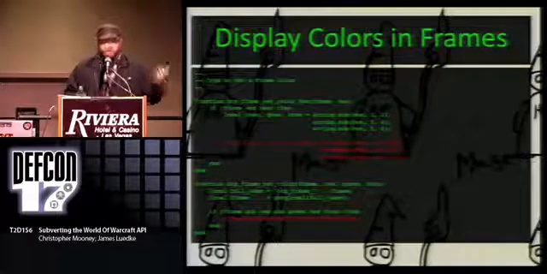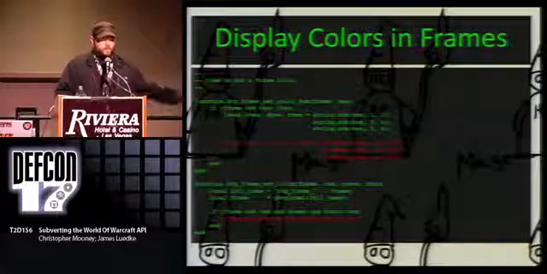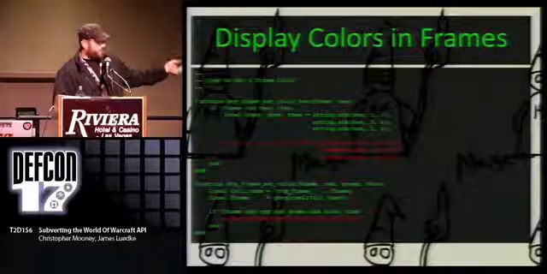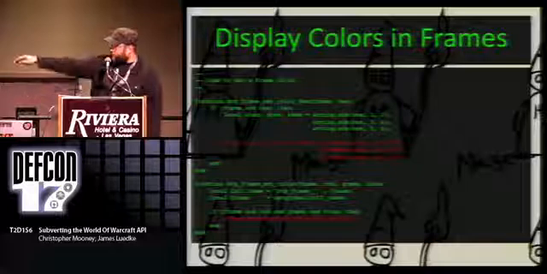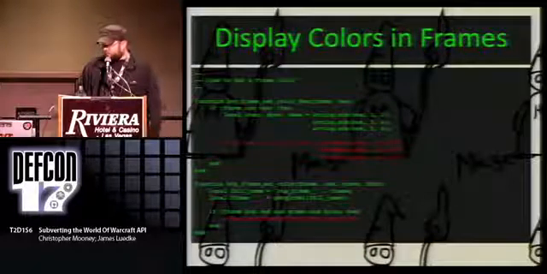So when you say, cast spell fireball, it winds up mapping that to a color, which is displayed in this frame. So this is the frame code to display that, and you can see basically, like I said, we're kind of rushing through this.